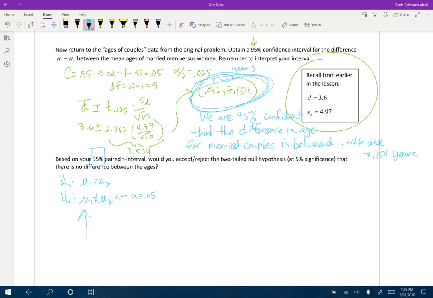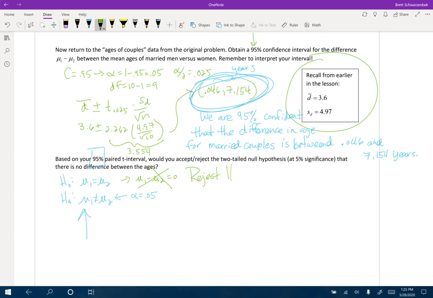How do we do that again? Well, in this scenario, the null implies that mu1 minus mu2 is 0. So we need to look at our interval and see if 0 is there. Clearly, it is not in the interval. If 0 is not in the interval, then we are concluding that this cannot be true, and we reject H naught.